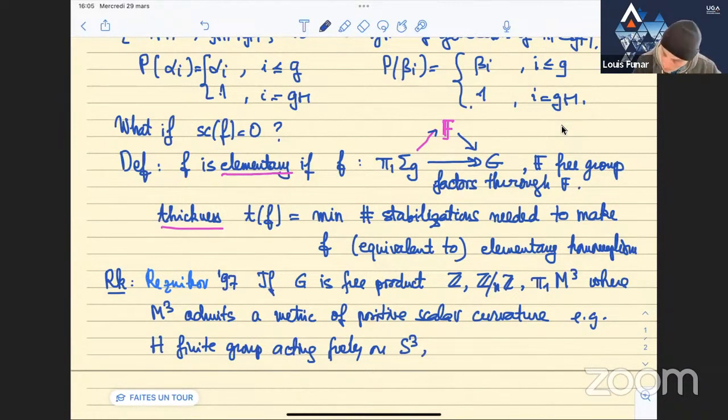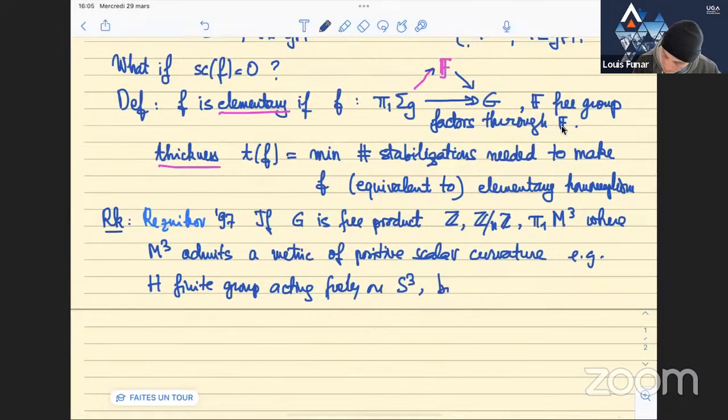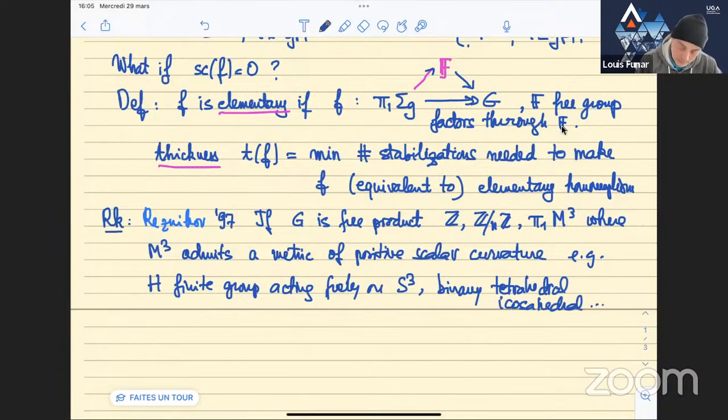For instance, the so-called binary dihedral, binary tetrahedral, icosahedral. There is a finite list of such groups which act freely on S3. This is the case.